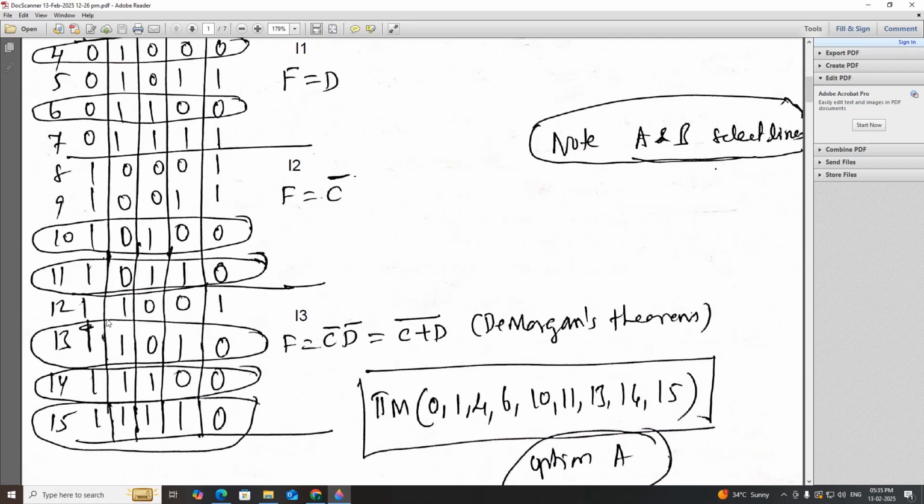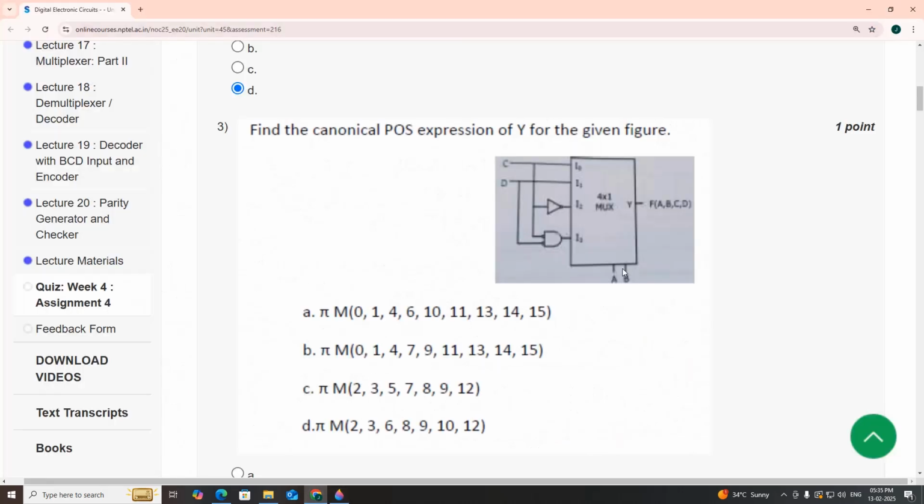Next, the last four combinations, 1 1 for A and B. For 1 1, y or f will be connected to I3. What is I3 here? The input is C bar. A bubble is there, here also a bubble is there.